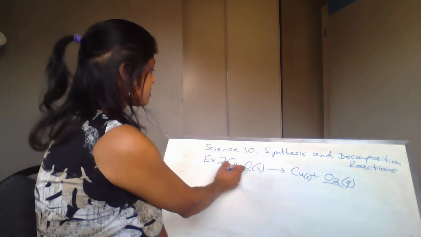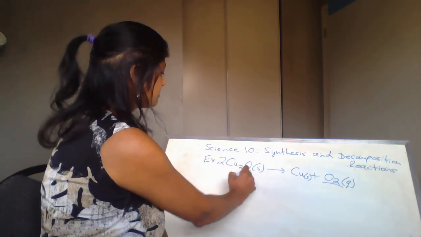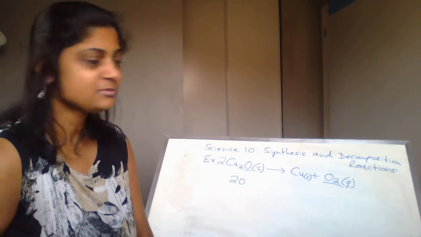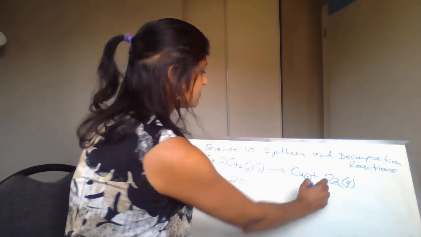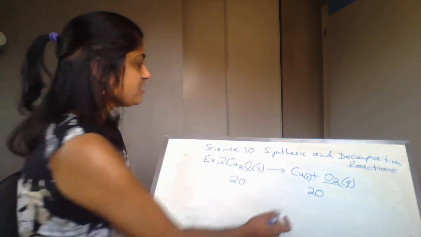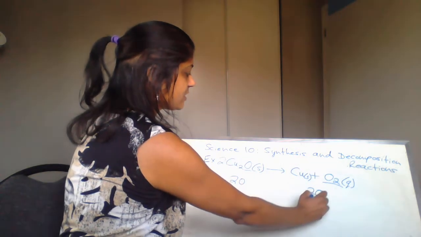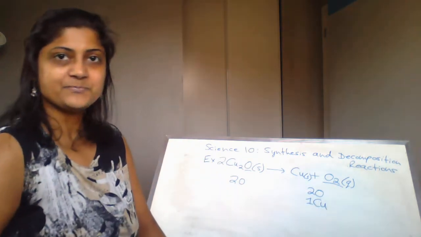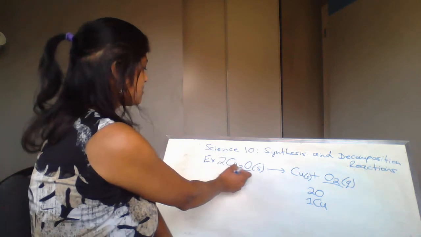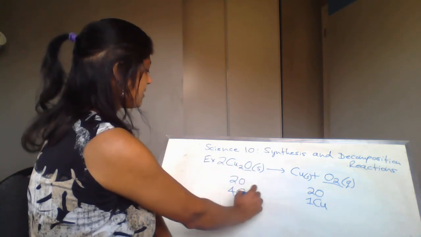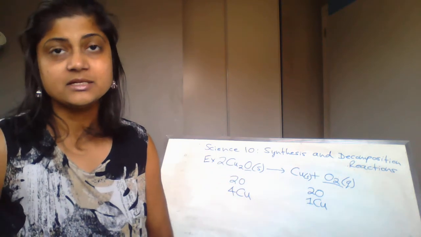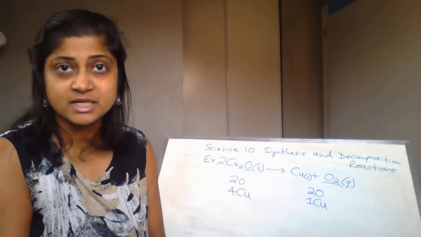So let's write 2 oxygen. I'll just put 2O. On this side, there's also 2O. Okay? If I look over here on the product side, there's actually 1 copper. Okay? On this side, I have 2 times 2. I have 4 copper atoms on the reactant side. Make sure you are actually multiplying, okay?